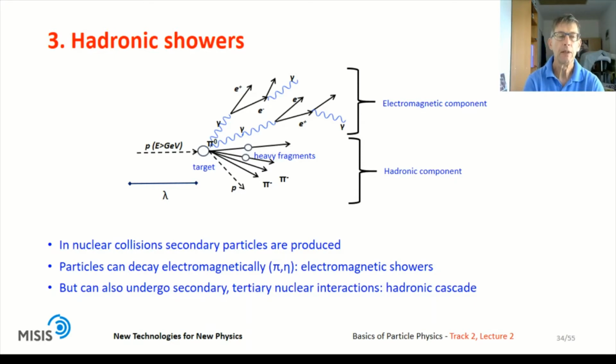But the secondary particles can undergo secondary collisions and also tertiary collisions, and so this will give rise to a hadronic cascade. So hadronic showers have an electromagnetic component and a hadronic component.